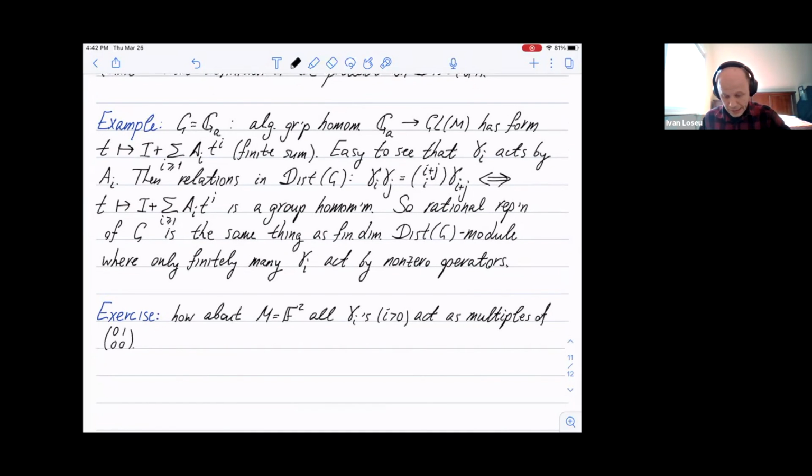So you want to work out this condition. And you can see that it actually doesn't imply that only finitely many of these elements act as 0. Okay, that's an easy check.